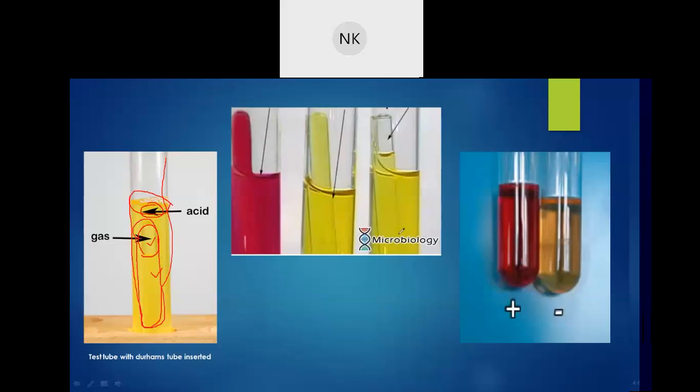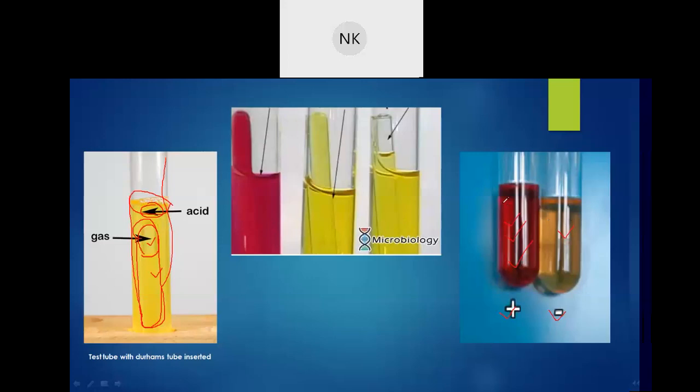Now when we perform this test, on the right side this is positive, indicating plus and minus. It is a positive test and this is the negative test. Why is it positive? This is positive for acid production.